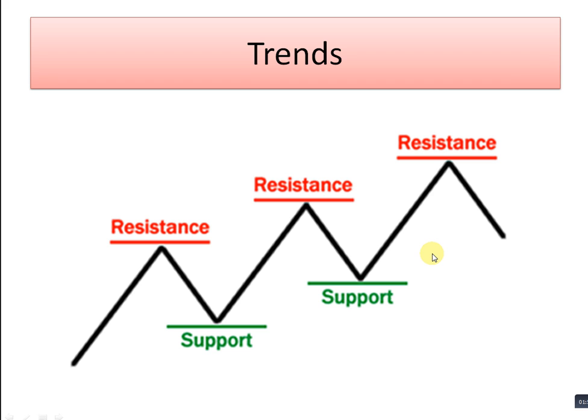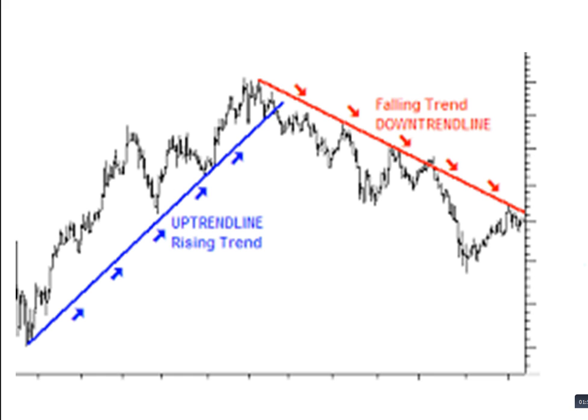Let's look at an example of a real trend. It's a little bit faint, but it's okay. We can see everything that we want is there. So when we are looking at an uptrend, like here, it has got support levels.